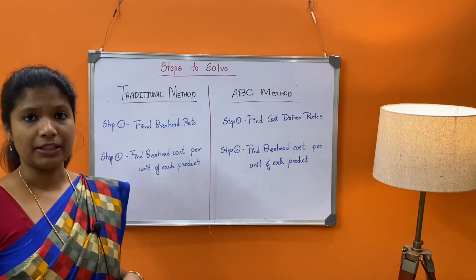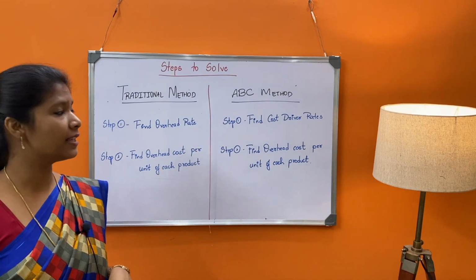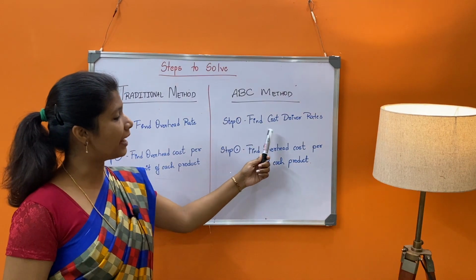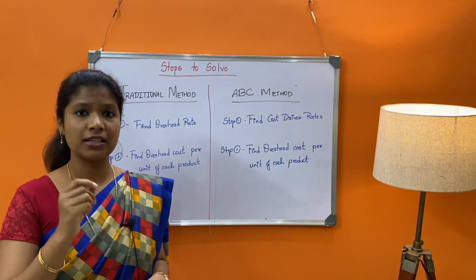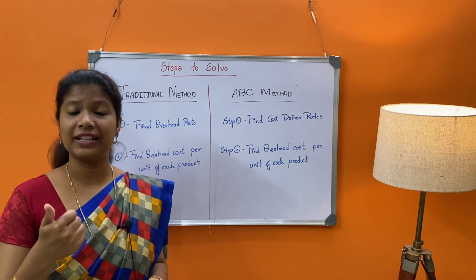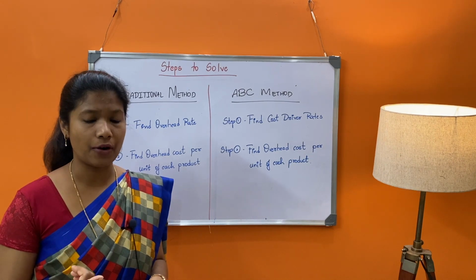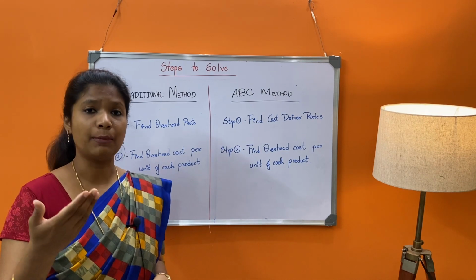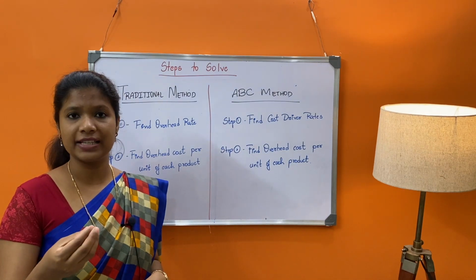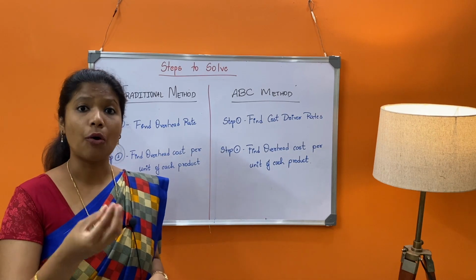Coming to the ABC method, again there are 2 simple steps. The first step is to find the cost driver rates. Now I have told you what a cost driver is, like number of inspections, number of setups, or number of requisitions made. Requisitions is the purchase order, right?